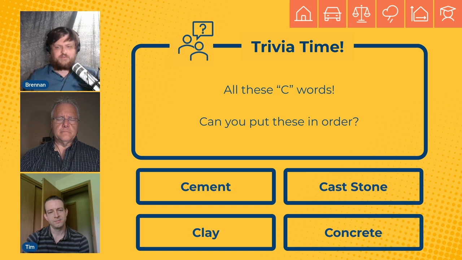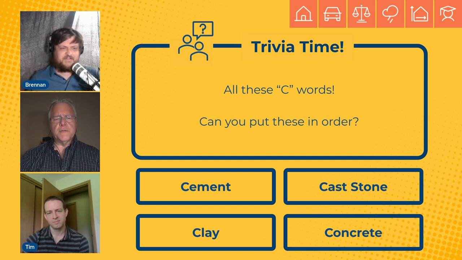What order would you put these four items in? What do you think is an ingredient and the next thing up in the chain? Or is this historical? I feel like the Romans had some kind of version of cement or concrete, but I don't know much about the history of it all.